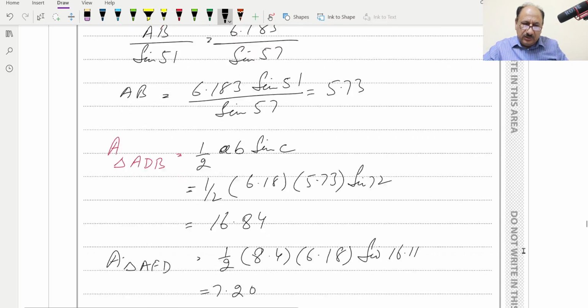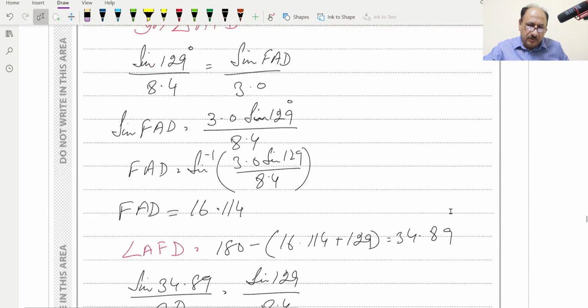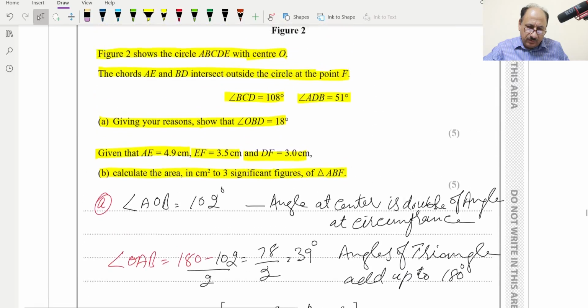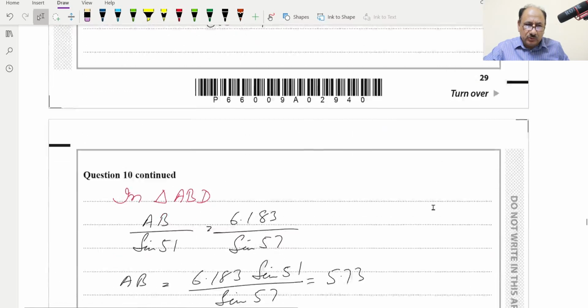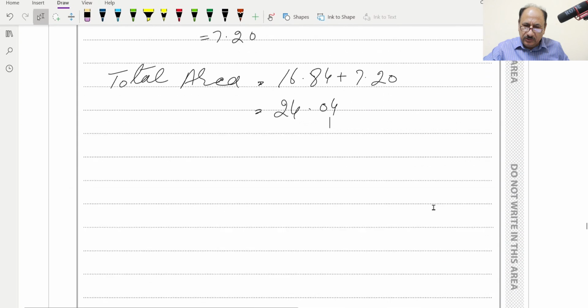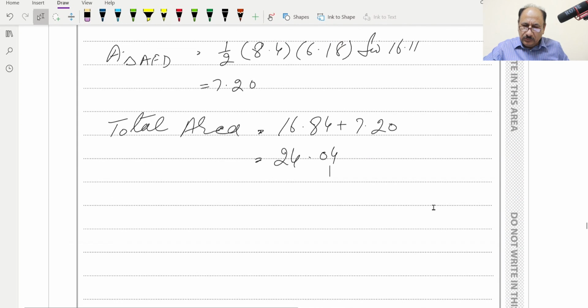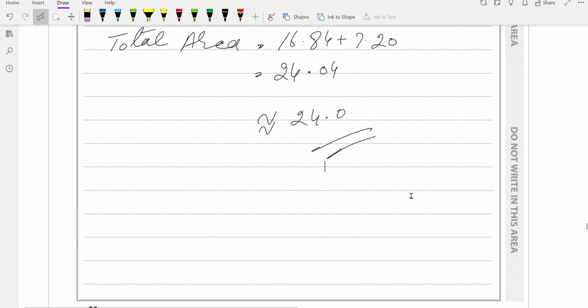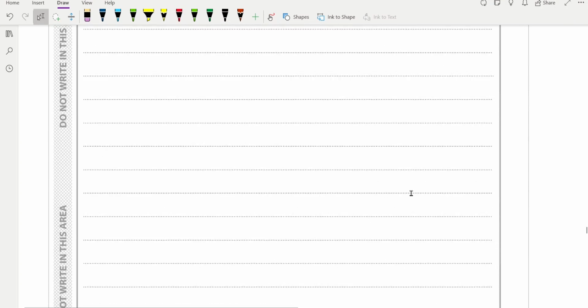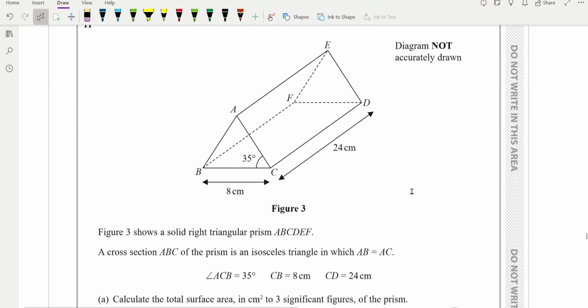The answer they are asking for is in three significant figures. So the 0 is significant, and we can write it as 24.0. This will be the answer. Then we can move to the next question.